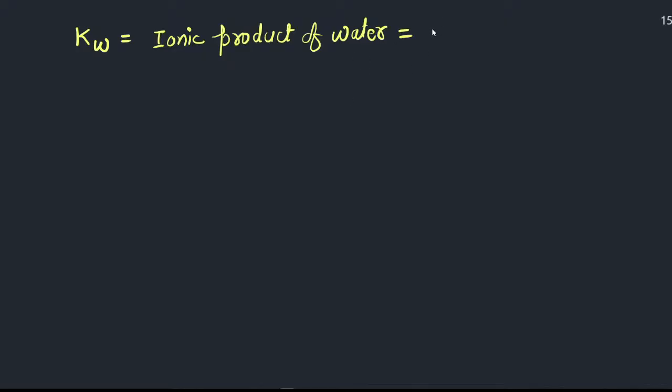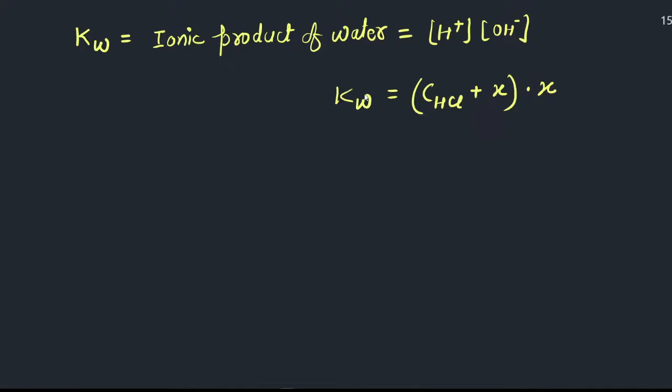So that is equal to H plus ion concentration into OH negative ion concentration. So here, H plus ion concentration is the concentration of HCl plus X, into X, that is equal to Kw.